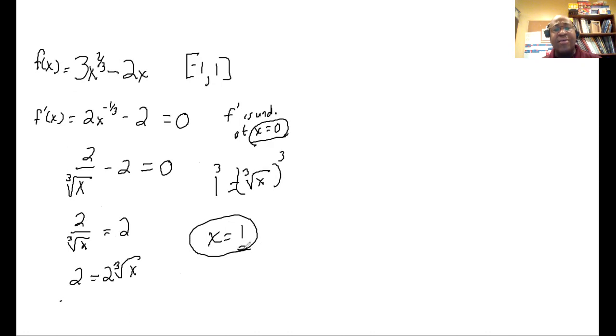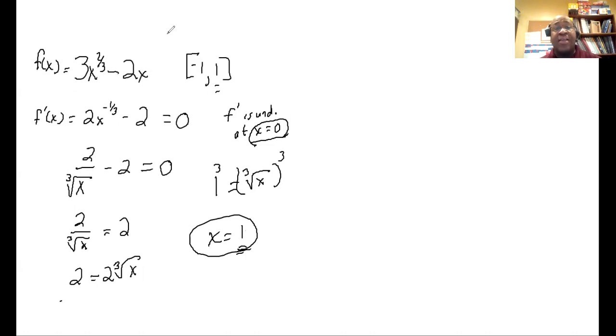Now note here, x equals 1 does also happen to be one of the endpoints, and that's okay. Sometimes that happens. It's no big deal. That actually saves us a little bit of time because with one of the critical points being an endpoint, we can kill 2 birds with 1 stone and test them both at the same time.